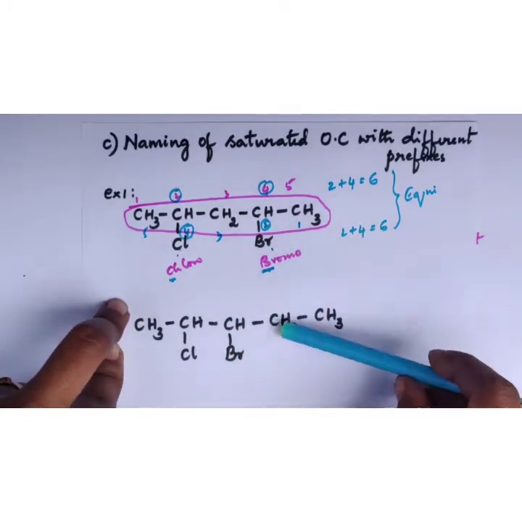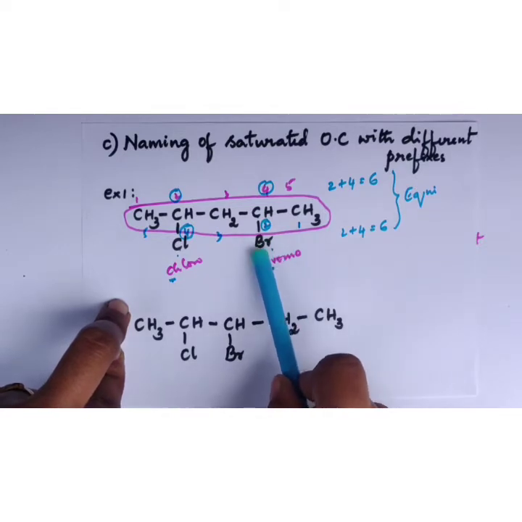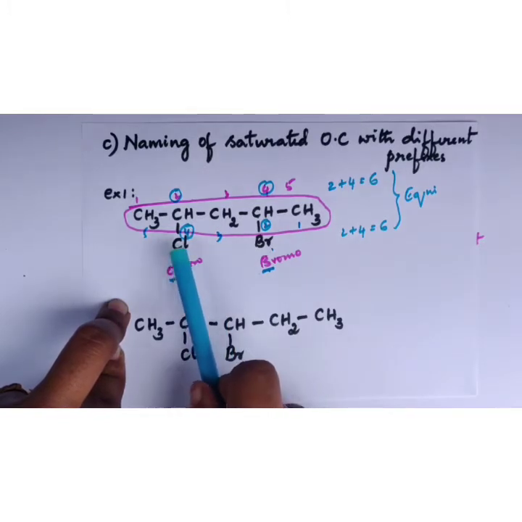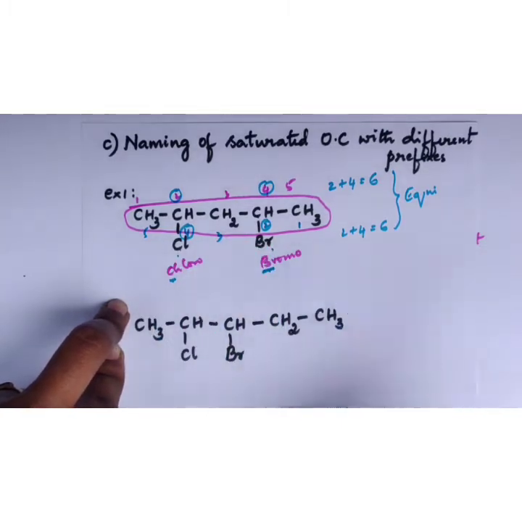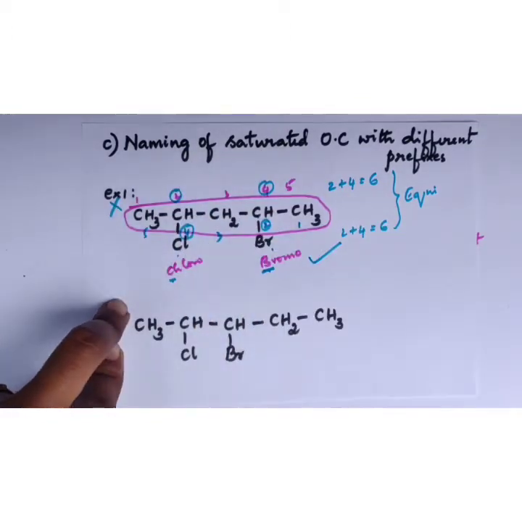Like if you take the example, in place of bromo, if iodo was there, I comes after chloro. That means chloro gets the least position compared to iodo. In that way, you have to number it. That means you're going to number it from this side, not from the left side.